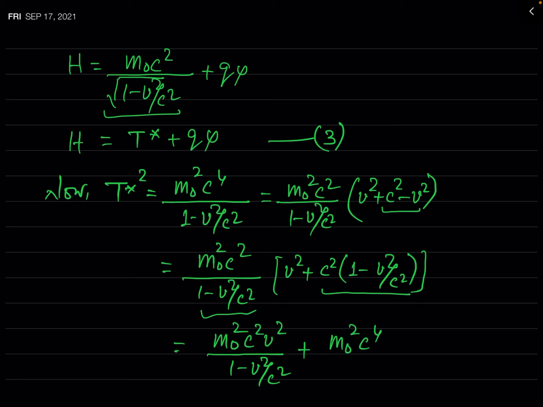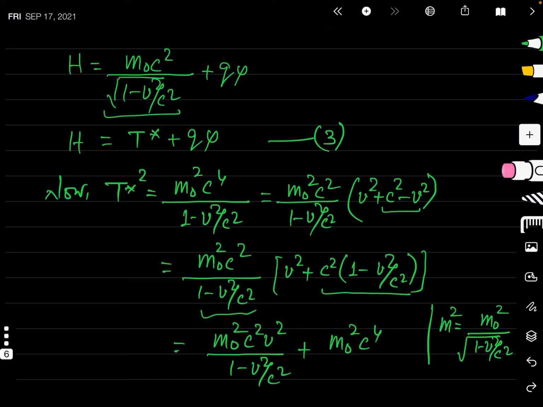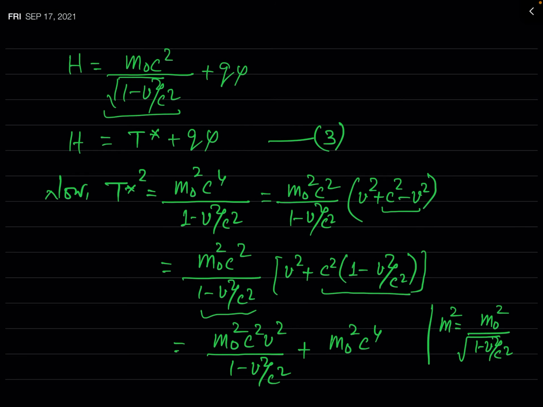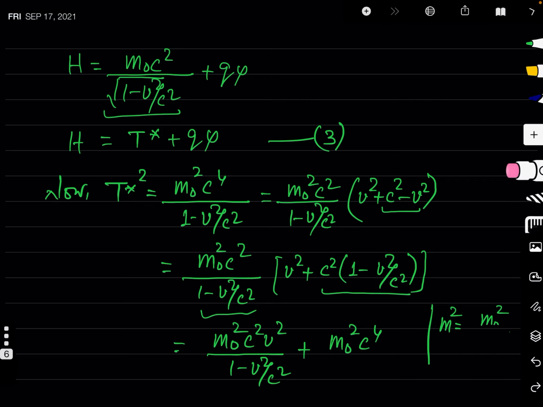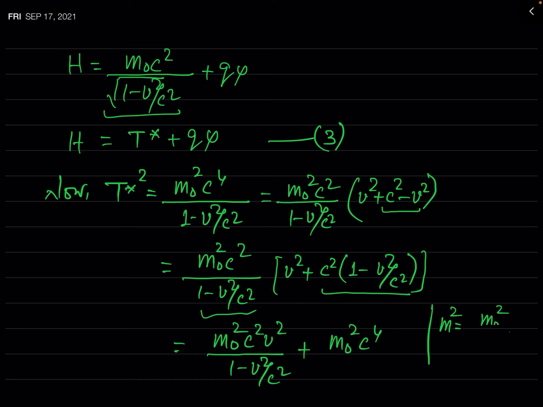m naught square c4. Now as we know, the effective mass m is equal to m naught over the square root of 1 minus v square by c square. So what will be this m square? When you take m square, here will be m naught square, and in the denominator there will not be this square root; there will be simply 1 minus v square over c square.